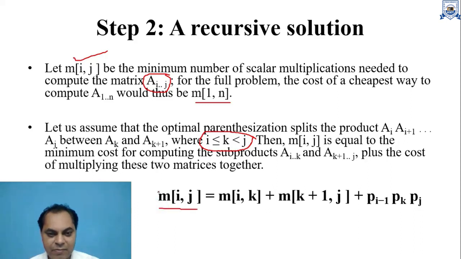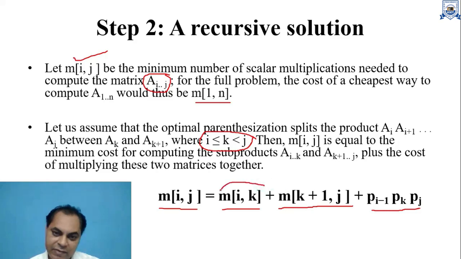m[i,j], that means the minimum number of scalar multiplications required from matrix i to matrix j, is equal to m[i,k], because the split happens after the kth matrix. So m[i,k] is the number of scalar multiplications required from matrix i to matrix k, plus m[k+1,j], the number of multiplications required from matrix k+1 to matrix j, plus p(i-1) times p(k) times p(j).